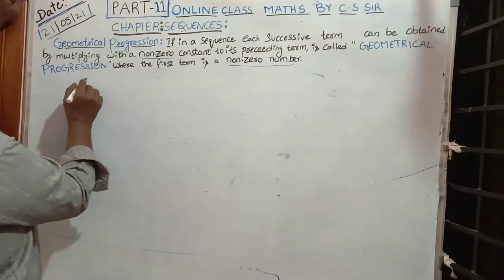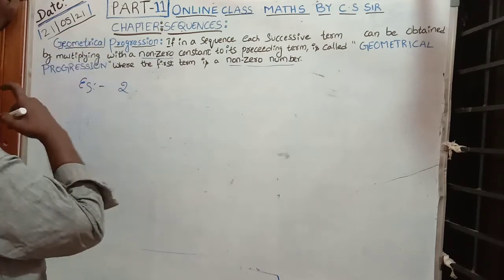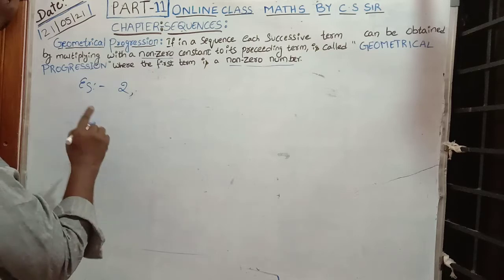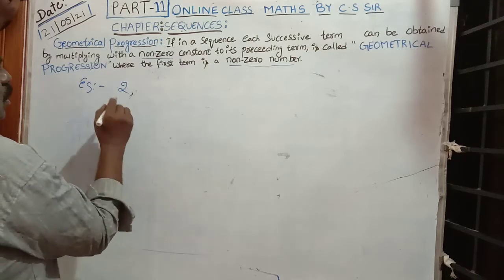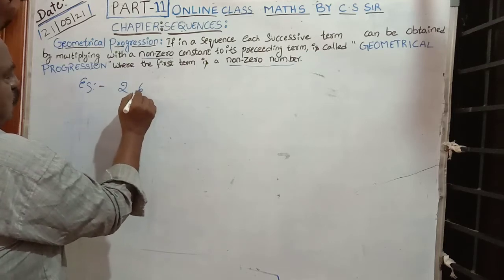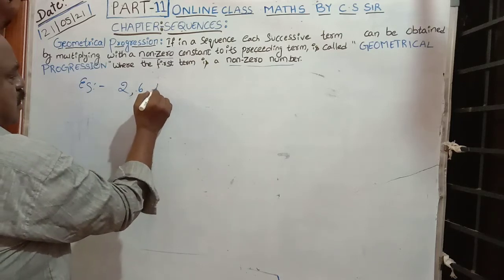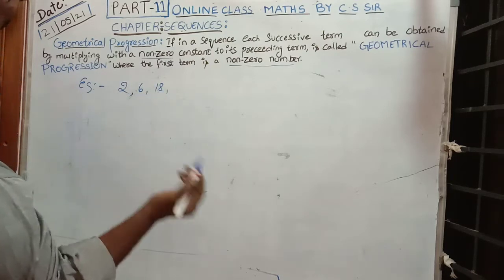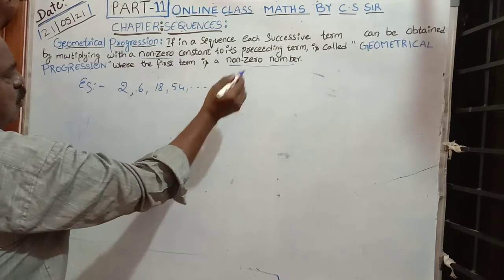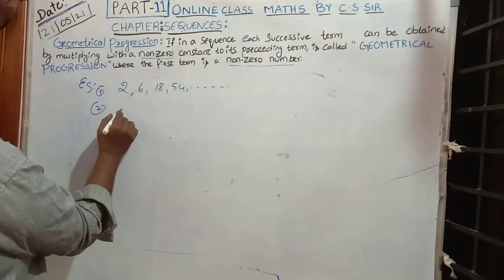For example, suppose 2 is there. 2, I want to multiply with 3. That is 2 into 3 is 6. Again we multiply with 3, that is 18. Again we multiply with 3, it is 54 and it is going on. Very clearly, we will take a simple one.